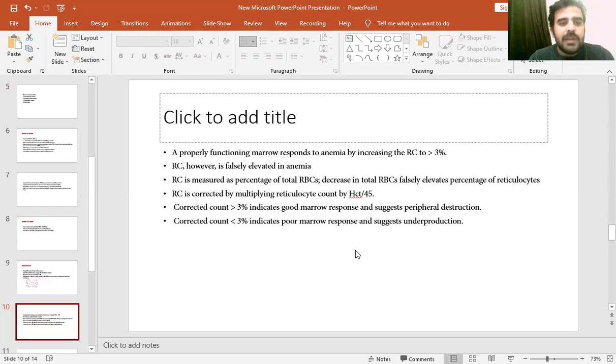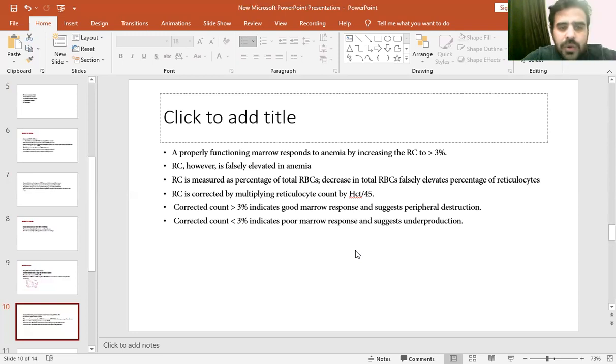The reason for this false elevation is that the reticulocyte count depends upon the number of RBC. In anemia, there is already a reduction of RBC. However, there will be no reduction in reticulocyte count, so you are going to see a false elevation in case of anemia.